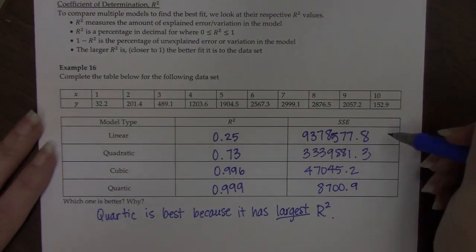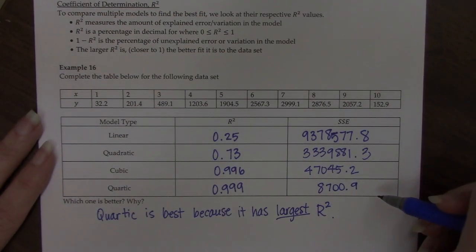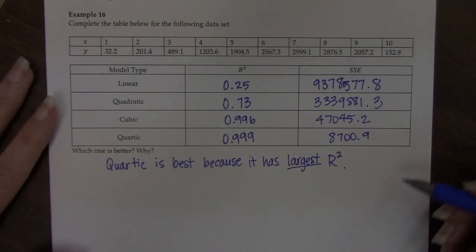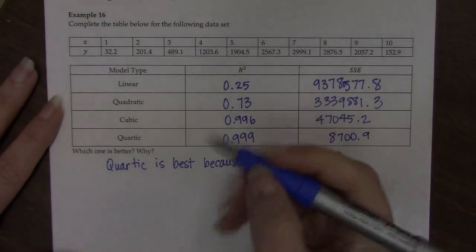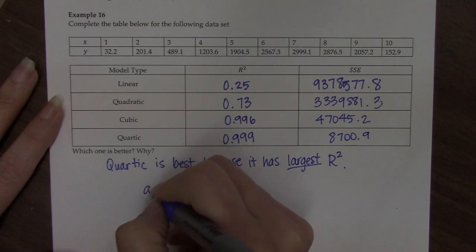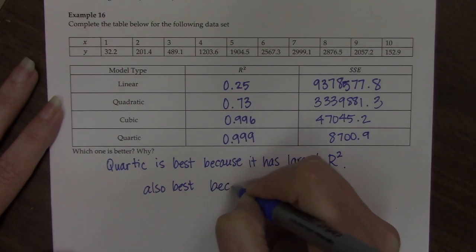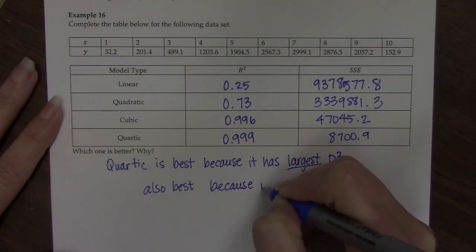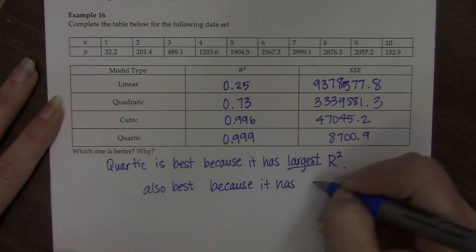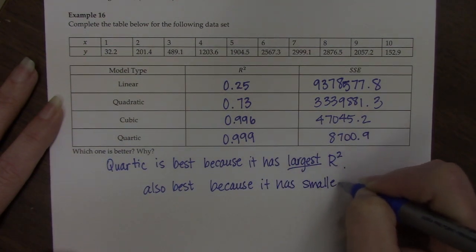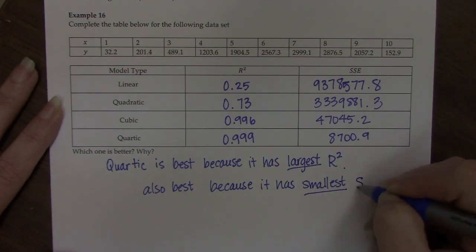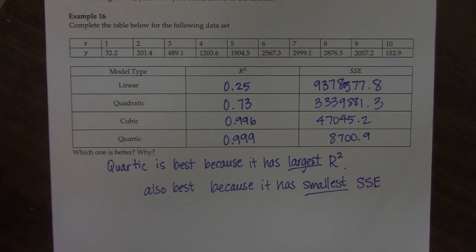So now if we look at this, we can see that the sum of the squared errors got smaller, right? The error terms got smaller, which meant the model got better because we had less error. So it's also the best one because it has the smallest SSE. So there are two ways you can verify a model of best fit.